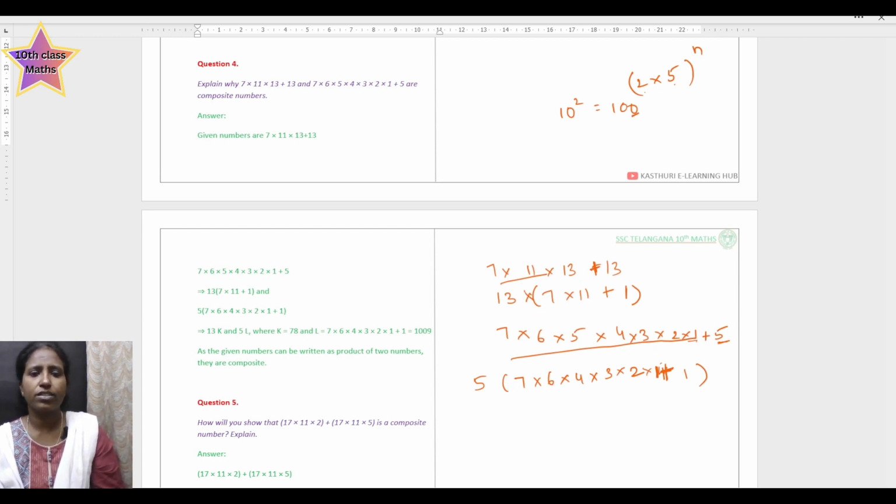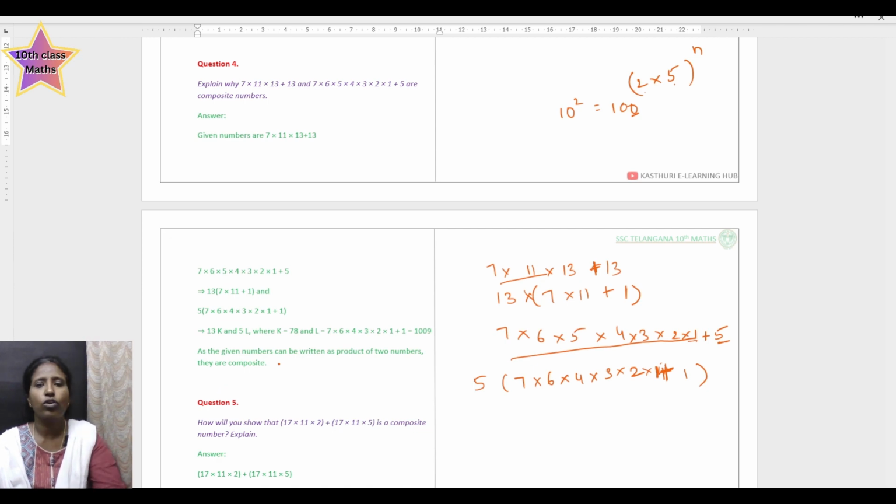You can write it as K, L, or any other letters also. So as you are writing it with factors other than the same number and 1, they are all composite numbers. As the given numbers can be written as a product of two numbers, they are composite numbers.